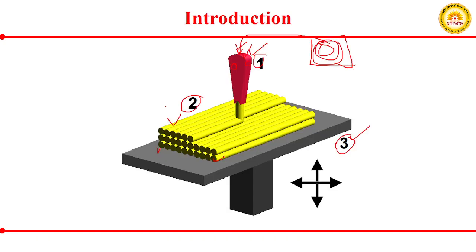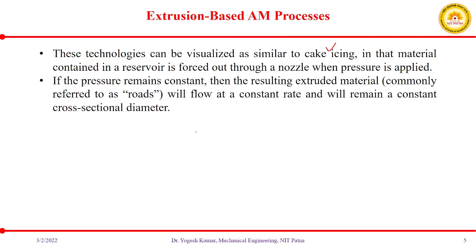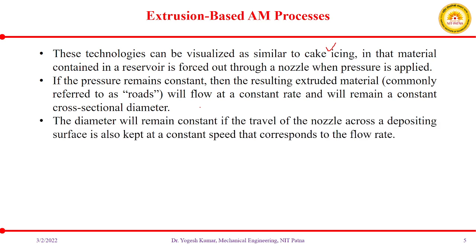What we can see here is that these rods of extruded material have a uniform cross-section, as they are being extruded at a uniform constant velocity from the nozzle. The diameter will remain constant if the travel of the nozzle across the depositing surface is kept at a constant speed that corresponds to your flow rate. So we have to make a balance between the nozzle speed and the material flow rate.